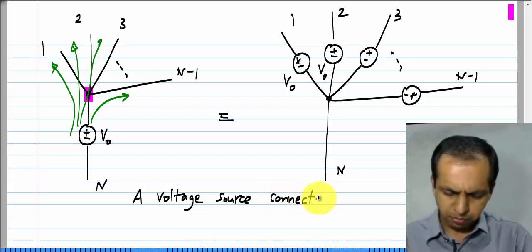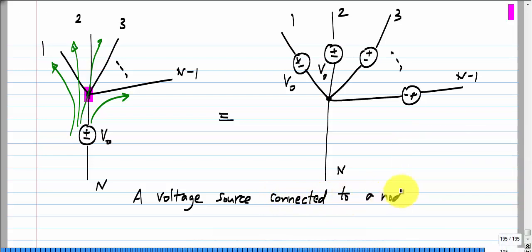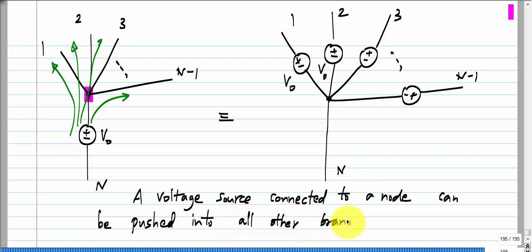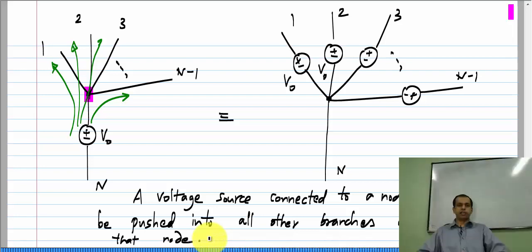A voltage source connected to a node can be pushed into all other branches connected to that node. So, that is the result, and this result is sometimes useful for quick and easy understanding of certain types of circuits, and it is also useful for certain types of circuit analysis and proving other circuit properties and so on.